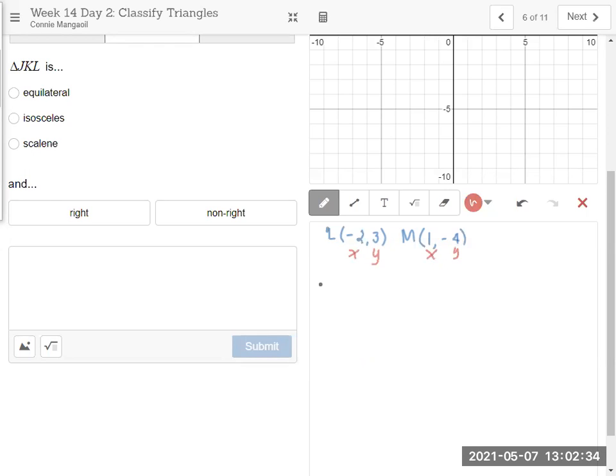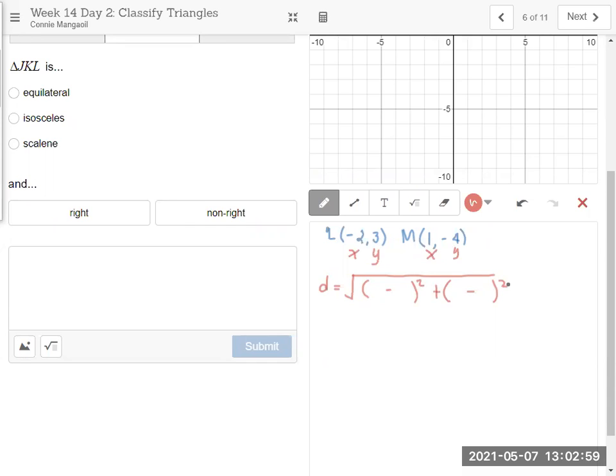Okay. And for your distance formula, remember this, you set it up, right? You have 2 sets of parentheses and then subtraction in between. So this first set is for your X coordinates. And then the second set would be for your Y coordinates.